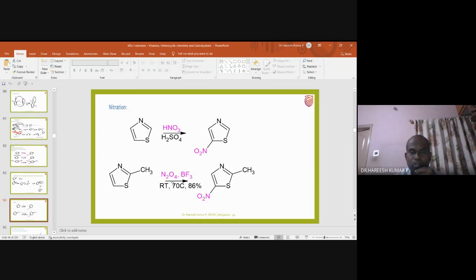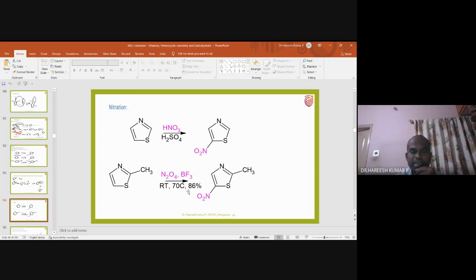One more source of nitronium ion is N2O4 in the presence of boron trifluoride. This reaction occurs at 70 degrees, and also at 40, but at 70 degrees the rate will be more, and 86% product is formed.